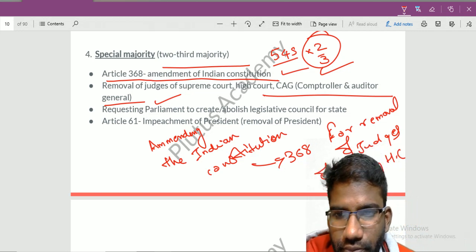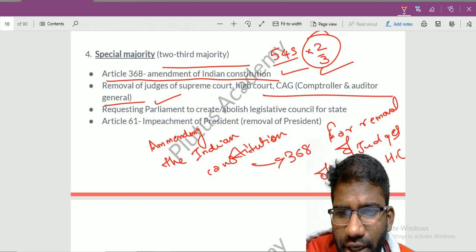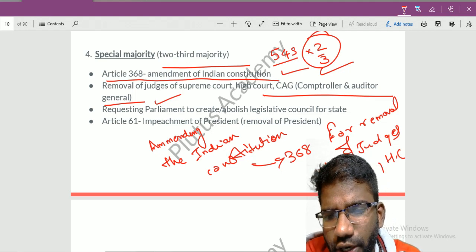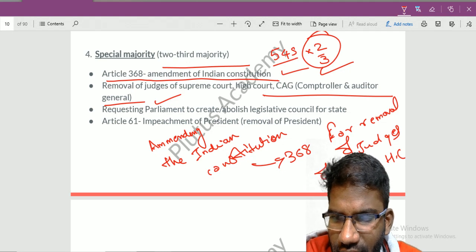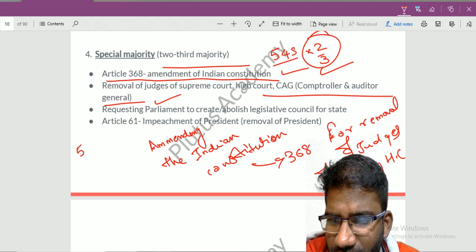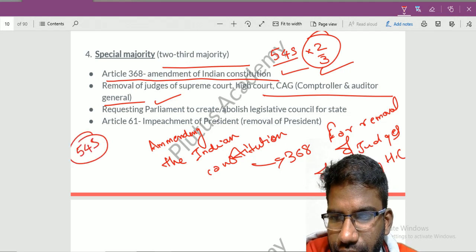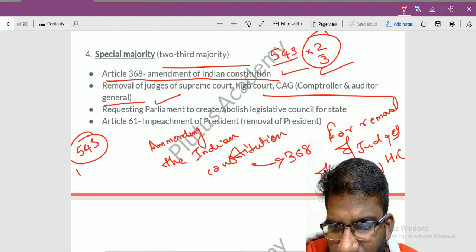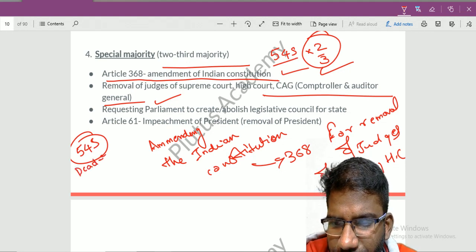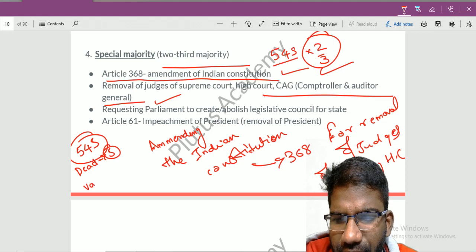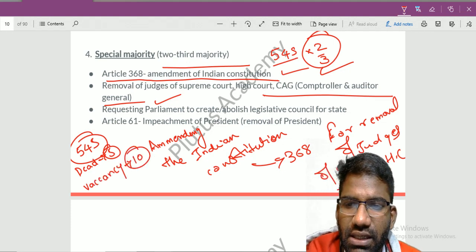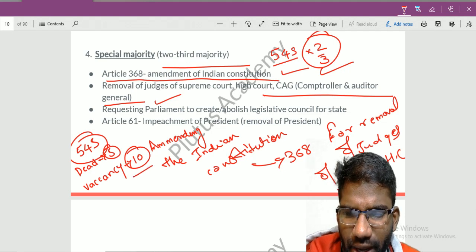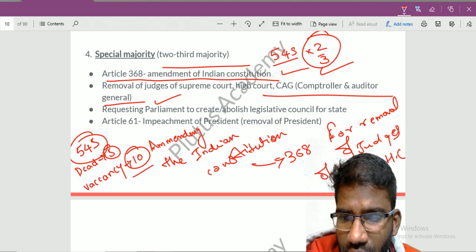Now the special majority can be divided into two. I will tell you how. There can be two cases. If there are 545 members, certain members can be dead, like 5 members, and certain members may have resigned, leaving a vacancy of 10 seats. So 530 members are remaining.